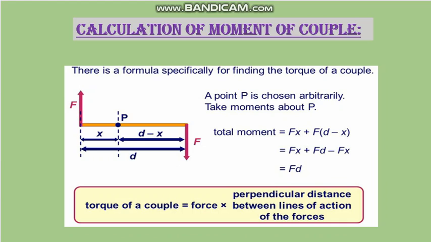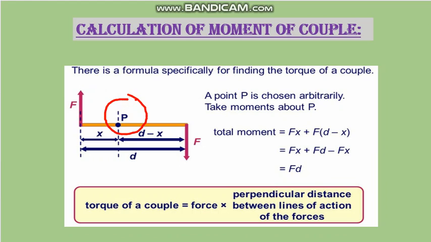Calculation of moment of couple. Consider two parallel forces, each of magnitude F, acting at points A and B. The moment of the two forces is calculated about P, a random point chosen according to your choice.